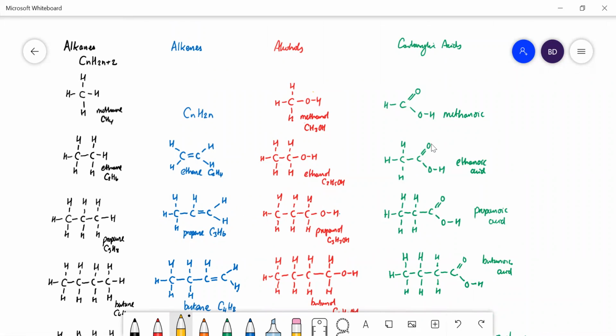These families are sometimes called, the proper name for them is actually, homologous series. Anything with the word homo in it means the same. So it's the group of molecules which all behave in the same or similar ways.